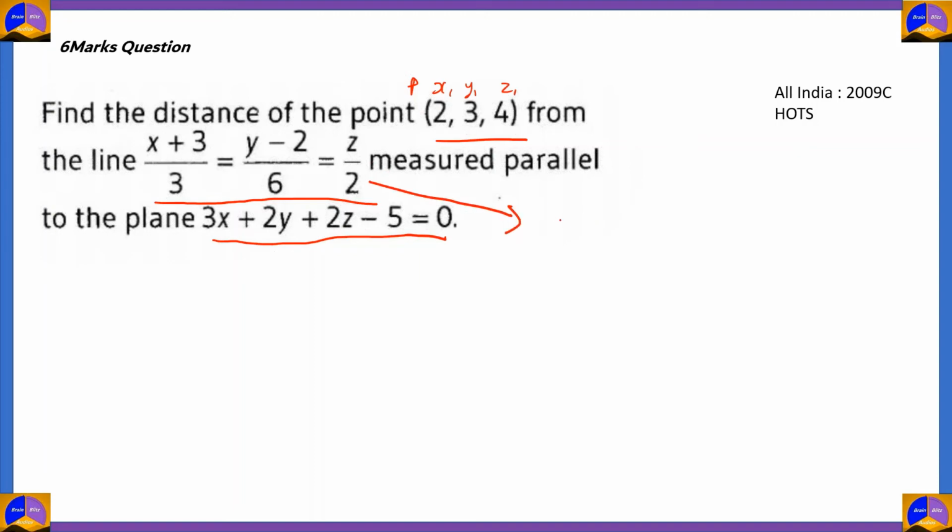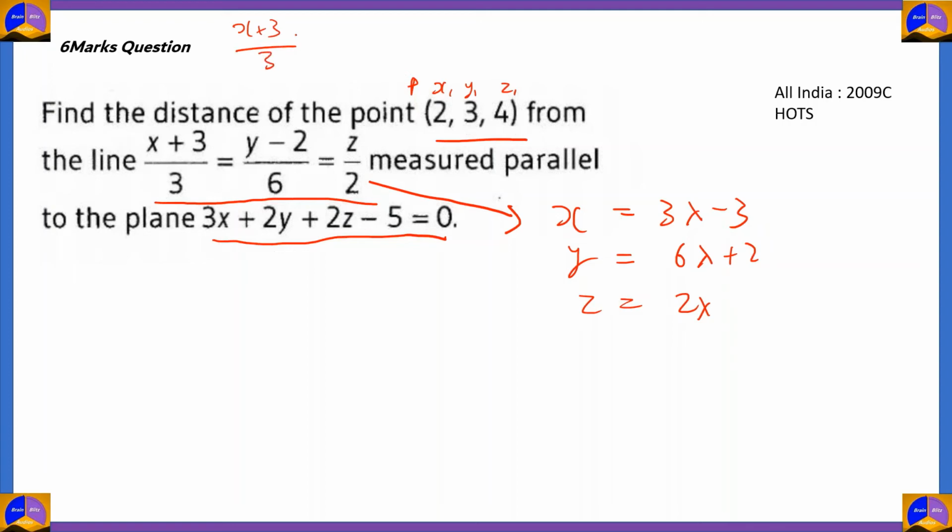So now let's write down the coordinates. So x is equal to 3 lambda minus 3, y is equal to 6 lambda plus 2, and z is equal to 2 lambda. How did we get these?